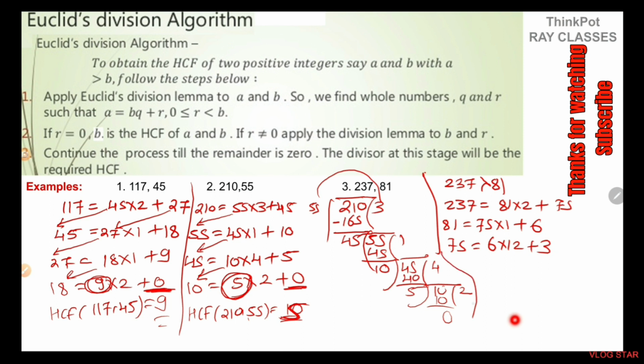Then obviously 6 can be written as 3 into 2 plus 0. The remainder comes 0. So here your last number is 3. So you can say HCF of the given numbers 237 and 81 is equal to 3. So this is the way we keep on dividing the given numbers till you get remainder 0.